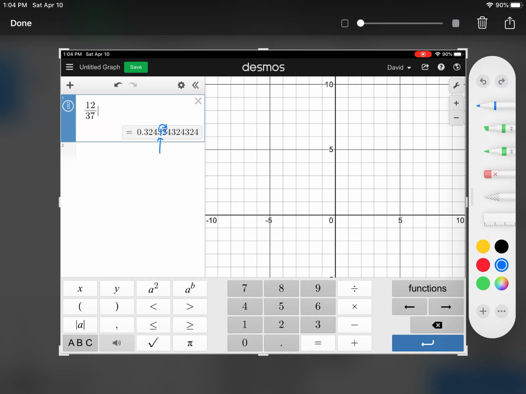Okay, so you got to remember about rounding. But because this 2 is 4 or less, we're just going to ignore that. And that's why we just stop writing at the 4th decimal place.